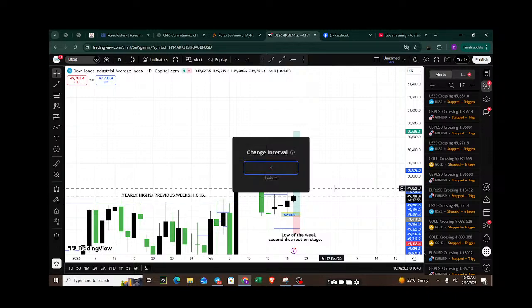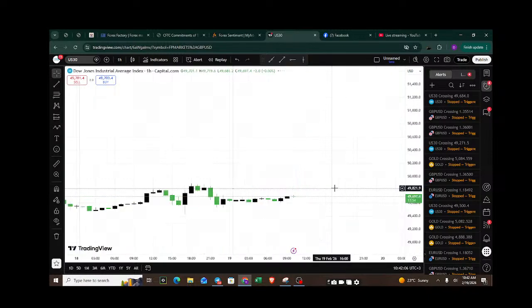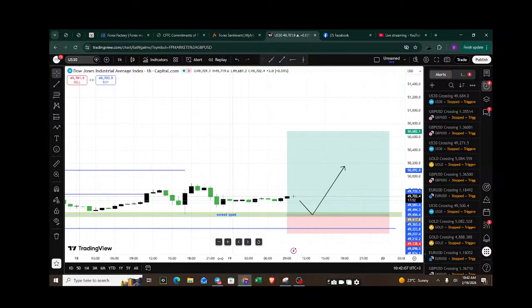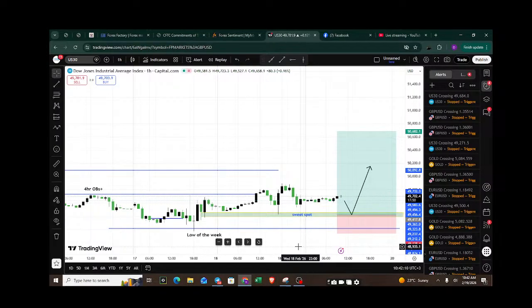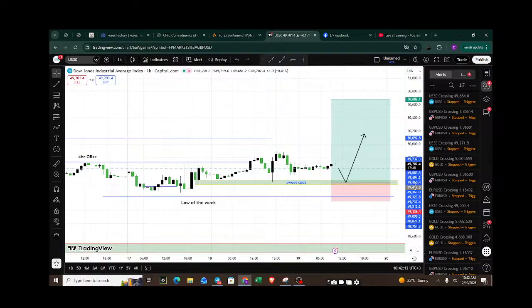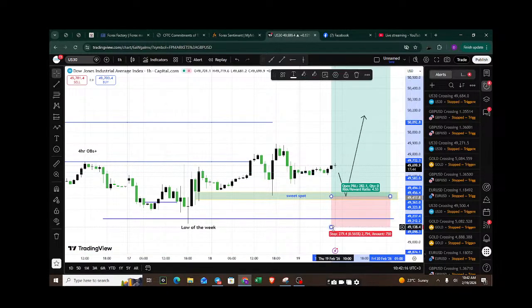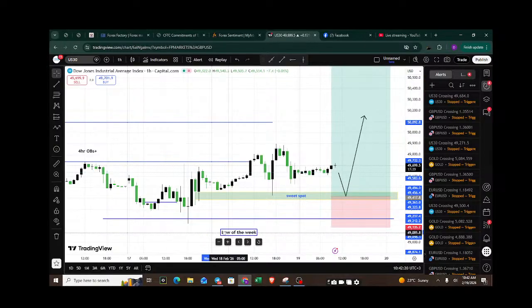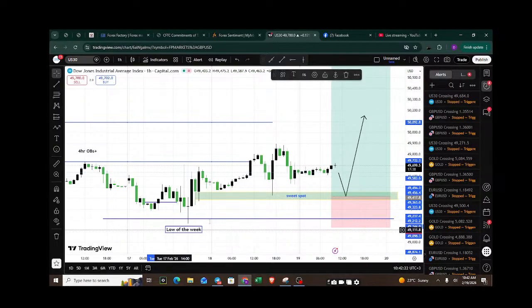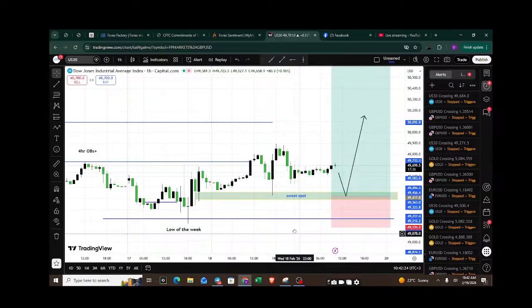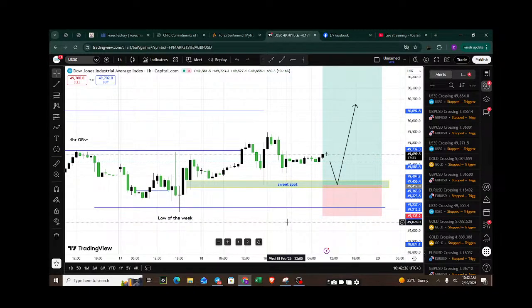So when you open the 1 hour time frame, my stop loss is there. It is there. They are clean and smart.